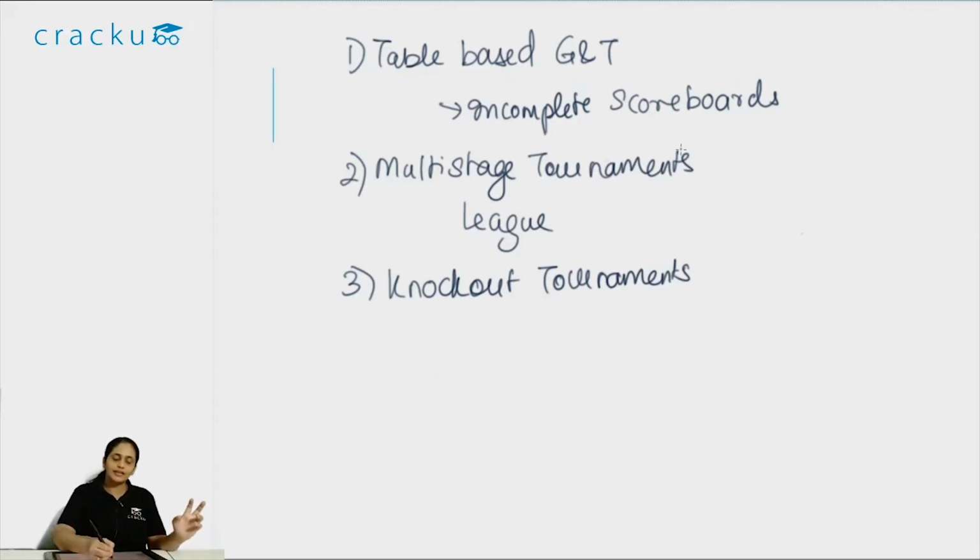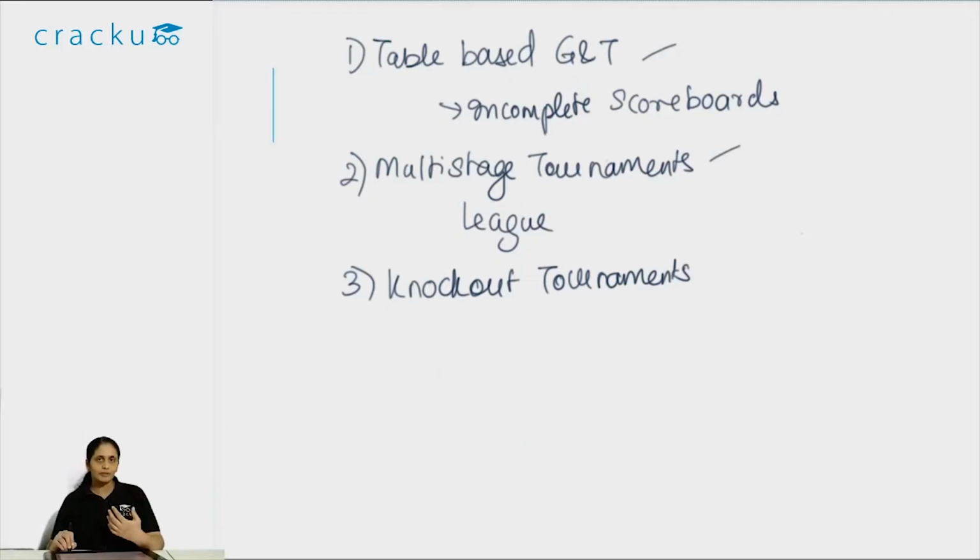For each of these three types of tournaments, you have to remember, how do I actually represent the information? How do I encode the information? For most of these cases, a table-based approach is good. For table-based scoreboards, incomplete scoreboards, actually write down the scoreboard and start to fill it.